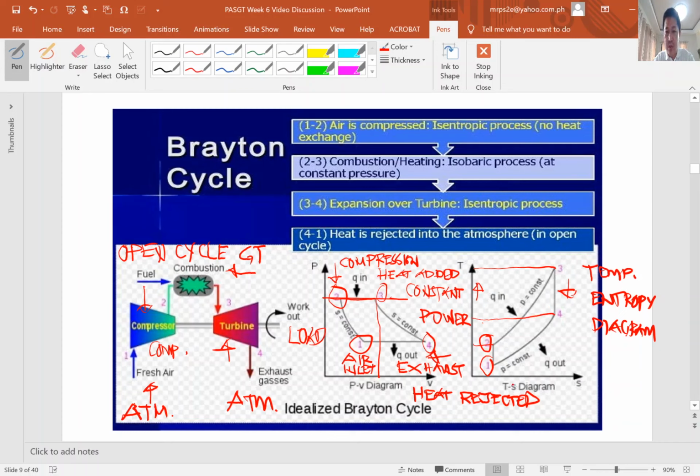The cycle uses a heat exchanger to heat the working fluid instead of an internal combustion chamber. The closed Brayton cycle is used, for example, in closed gas turbines and space power generation.